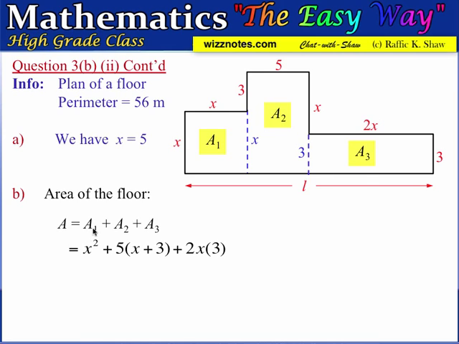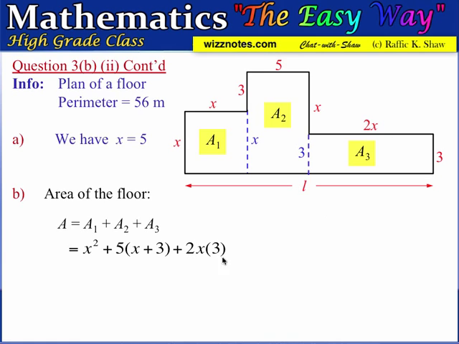And this is it. Area 1 is x squared, that's x multiplied by x. Area 2 is 5 multiplied by x plus 3, that's 5 multiplied by this side, which is x plus 3. And then area 3 is 2x multiplied by 3.